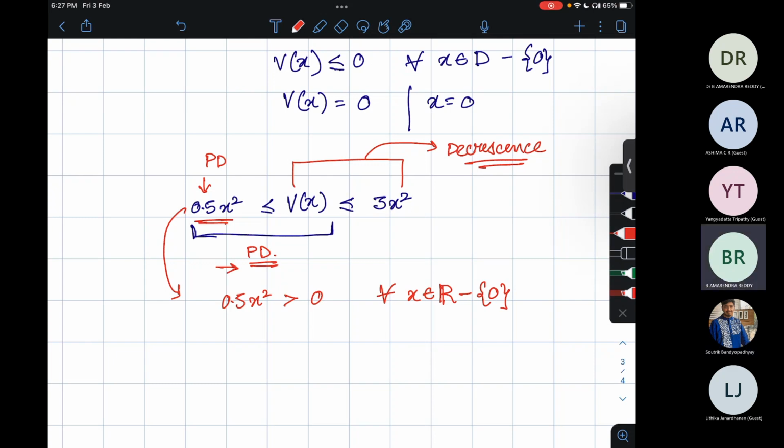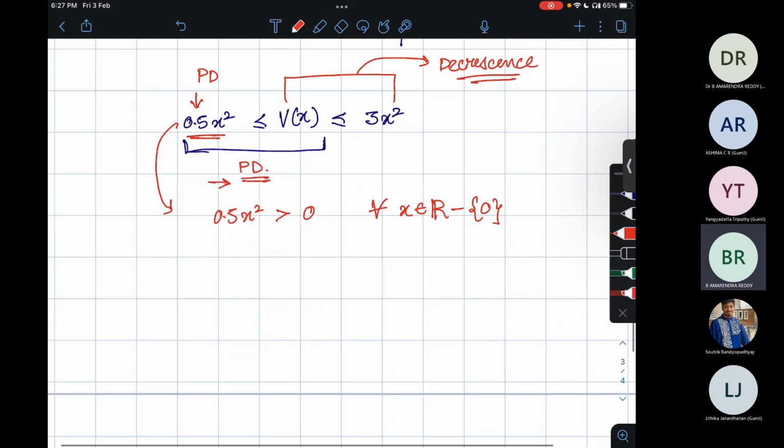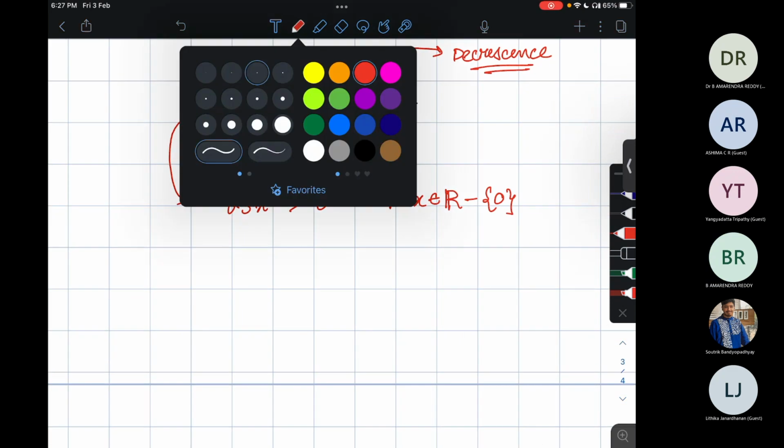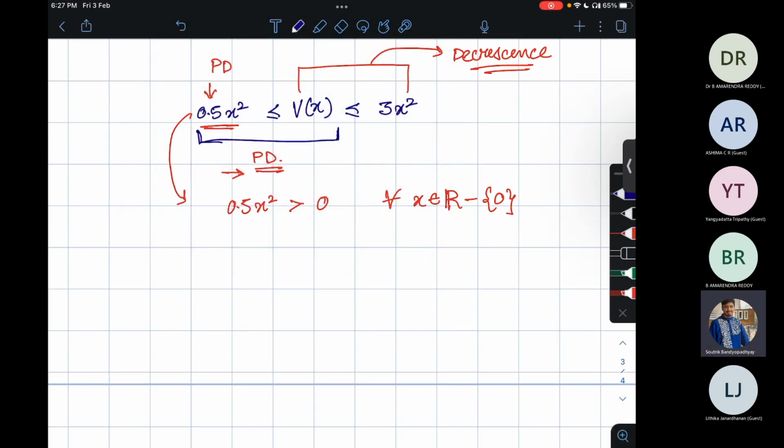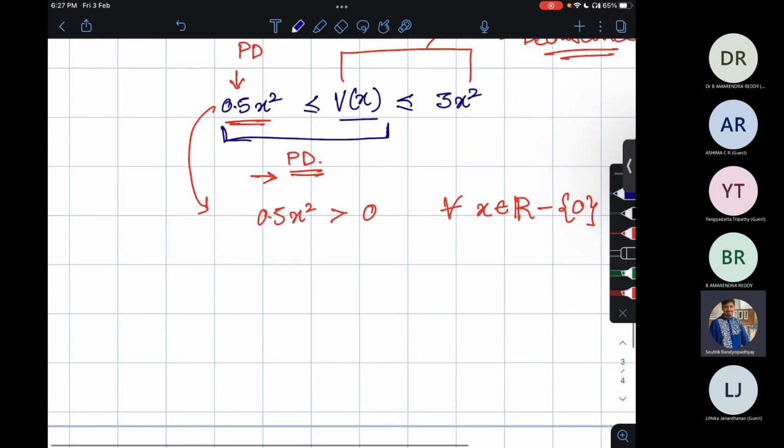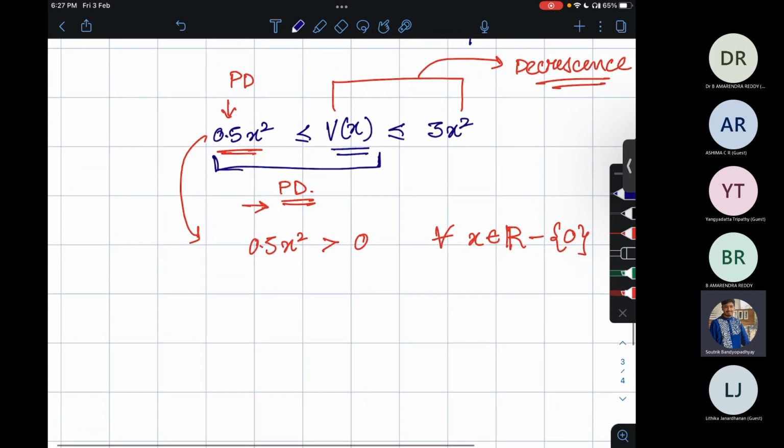Sir, this 0.5 into x square is less than V of x, means our V of x is always greater than 0.5 into x square, or V of x is greater than 0. Yeah, so the thing is that this is easier to say when this is state dependent.